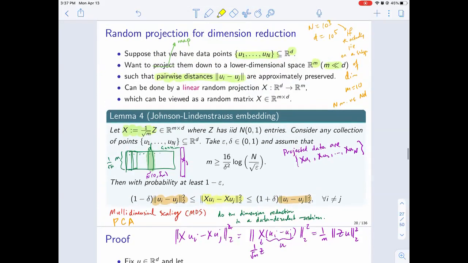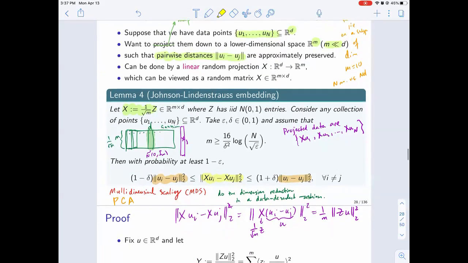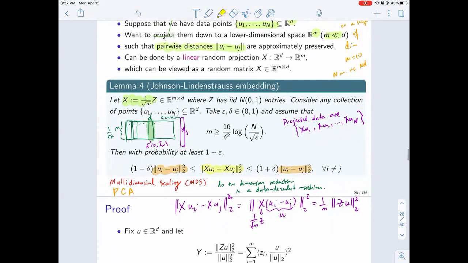There's this lemma called the Johnson-Lindenstrauss embedding, or Johnson-Lindenstrauss lemma, that says that this mapping can be basically taken to be a random projection, or an even simpler object, a random Gaussian matrix, or you could even take it to be sub-Gaussian.